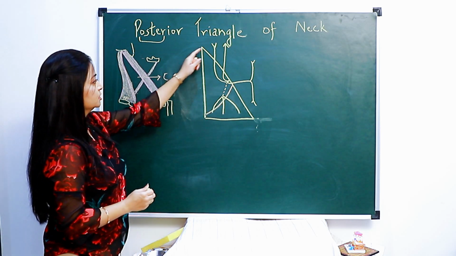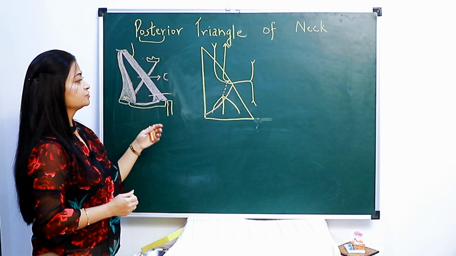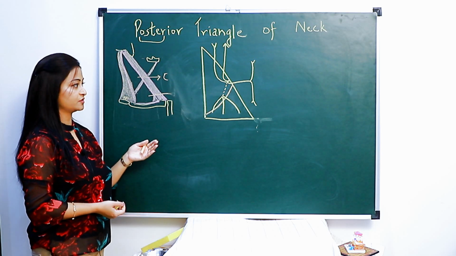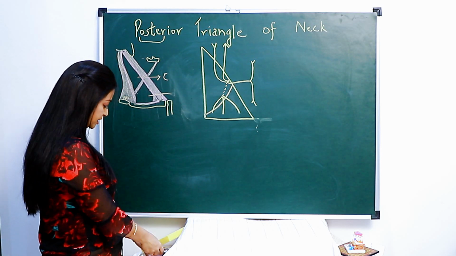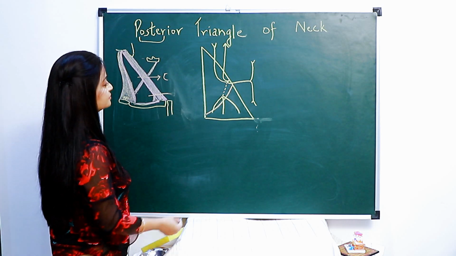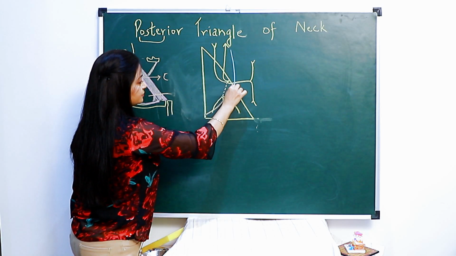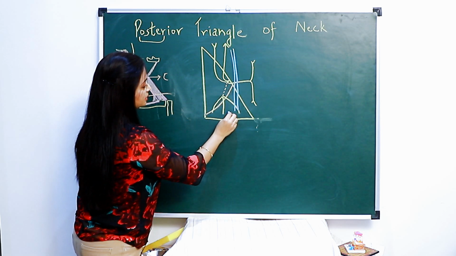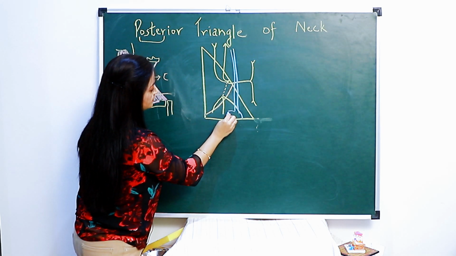So these are the cutaneous nerves which will be a part of the superficial fascia and thus form the roof of this triangle. Now apart from these structures, the cutaneous nerves, the external jugular vein is also a part of the roof. Here it will drain into the subclavian vein.